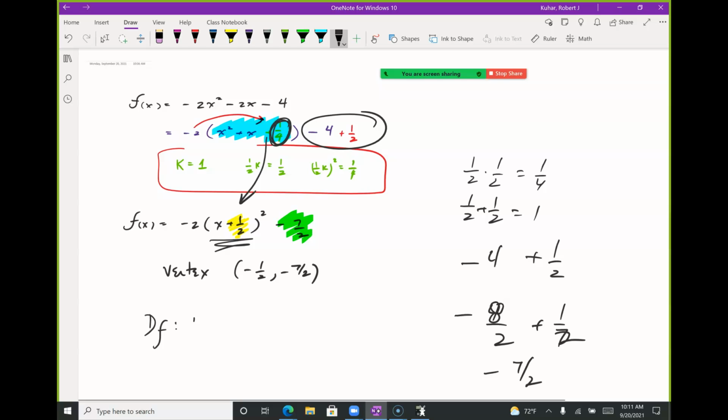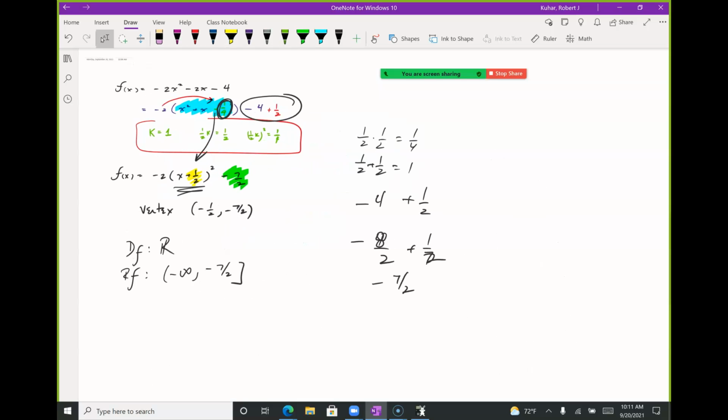So my domain is everything. My range for f is what? It opens down, right? So the highest point is minus 7/2. So I know my range is from minus infinity to minus 7/2 inclusive, right?